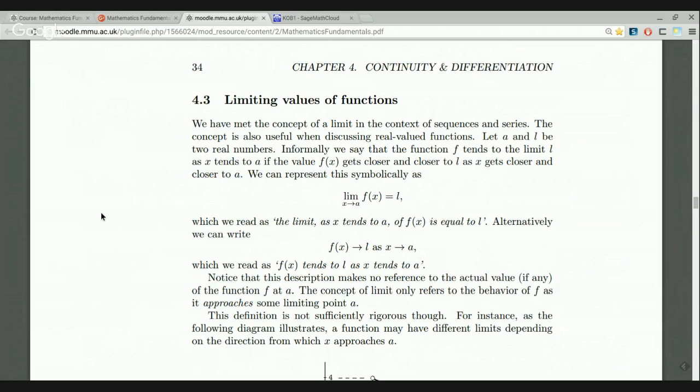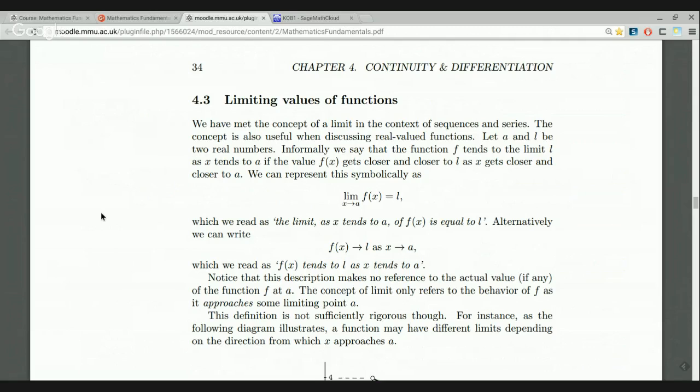So we can study the behavior of a function across an interval, but as we shrink that interval down, this is going to be a limiting process. We're going to be studying quantities related to the function values defined across an interval, but then taking the limit of this expression as we shrink the size of the interval. So before we get on to talking about the derivative in detail, we want to introduce the notion of talking about the limiting values of a function.